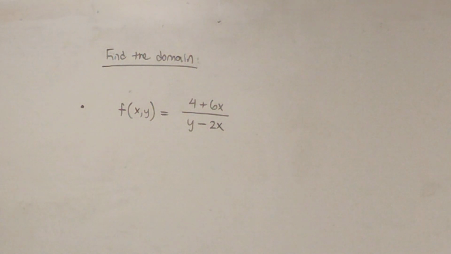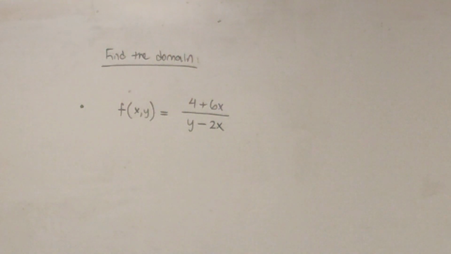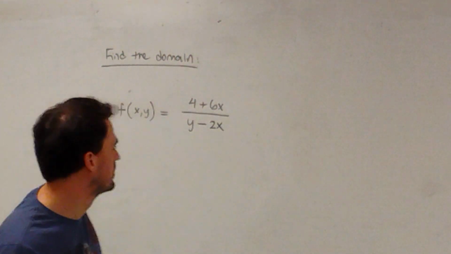So if I have the function f of x comma y equals 4 plus 6x over y minus 2x, then I'm just looking over at my pre-calc knowledge. If you have a fraction, it just means that the denominator can't be 0.